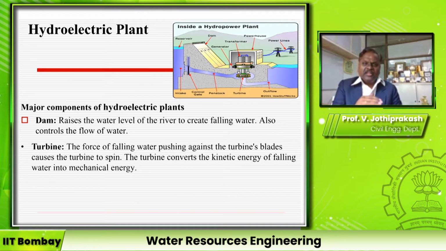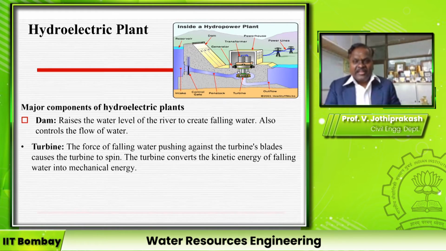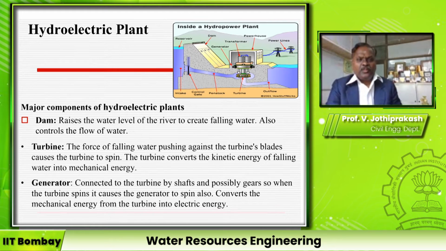A turbine and a pump: a turbine is the inverse of the pump. That means in a turbine, kinetic energy is converted into mechanical energy and then electrical energy. Whereas in the pump, it is the reverse. The electrical energy is converted into mechanical energy, and this mechanical energy is used to lift the water from a low level to a higher level, that is hydraulic energy. So these are all the important components. The generator converts mechanical energy into electrical energy.